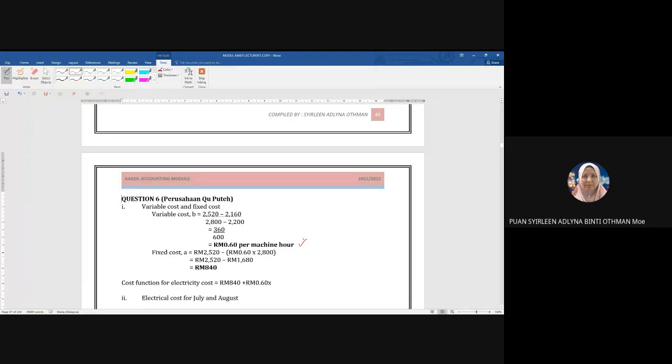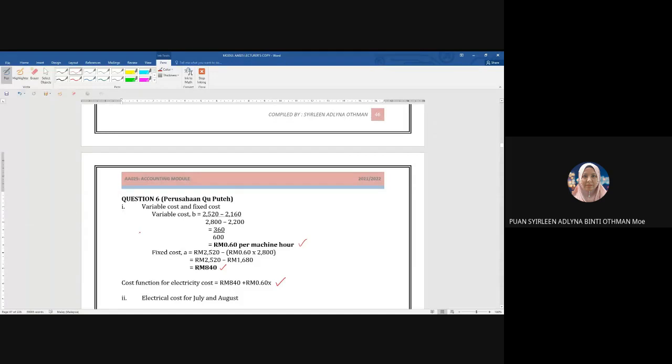And then my fixed cost is 840 ringgit. So cost function untuk electricity cost ialah RM 840 plus 60 cents X. So kita dah jawab soalan 1 bila kita asingkan. So kita dapat terus variable cost and also mixed cost.